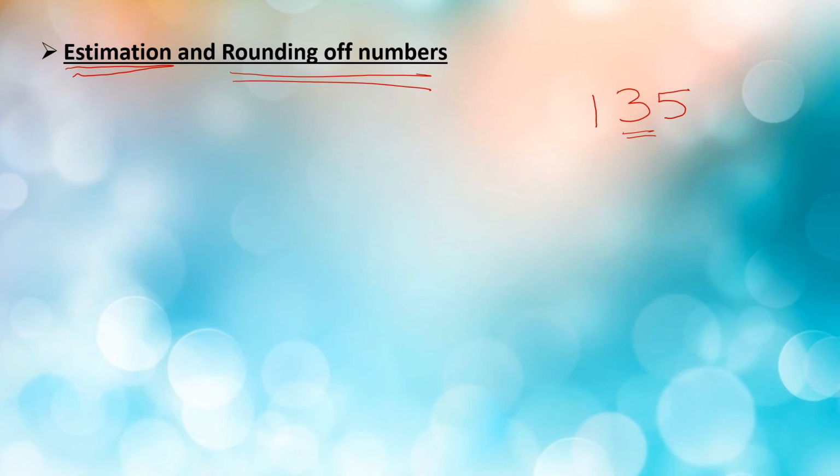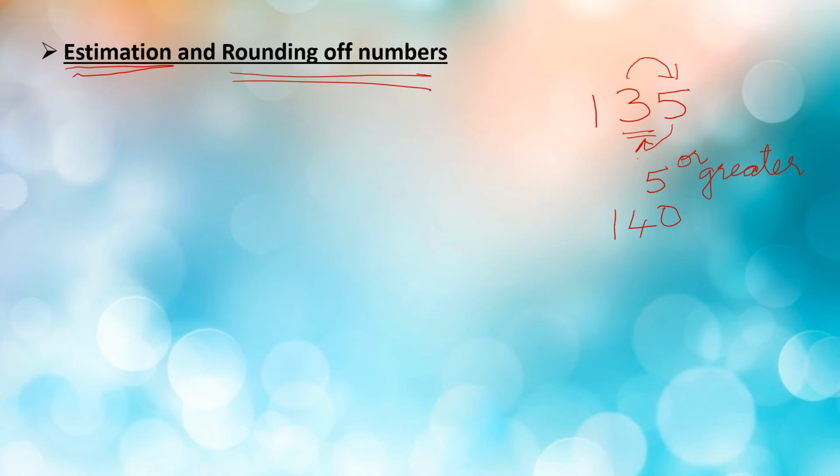To round to the nearest tens, you will look into the ones digit. What is the ones digit here? It is 5. If the ones digit is 5 or greater than 5, what will you do? You will add 1 to the number in the tens place. Okay. So 135 will be rounded to 140.